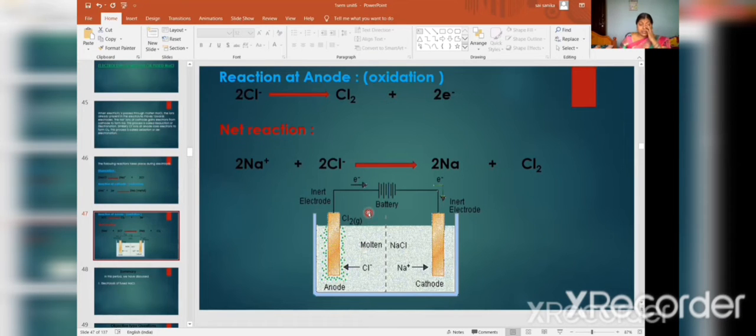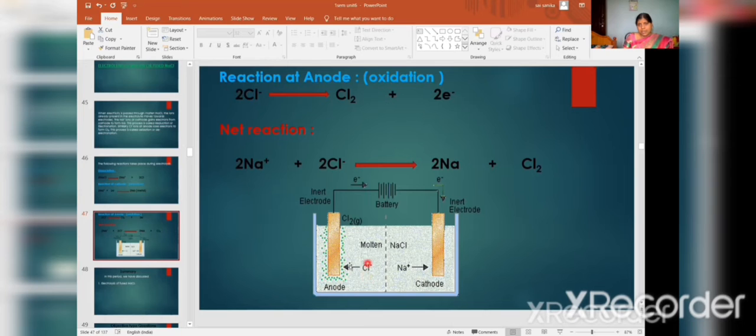When you pass electricity through fused NaCl, the ions move to their respective electrodes. The Na plus ion goes to the cathode and the Cl minus ion goes to the anode.